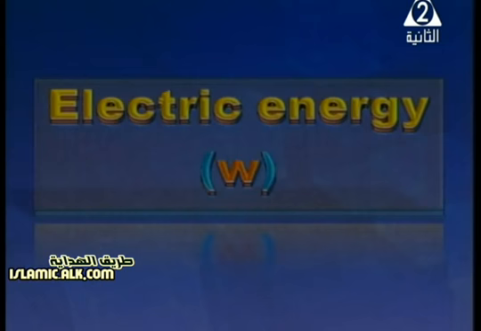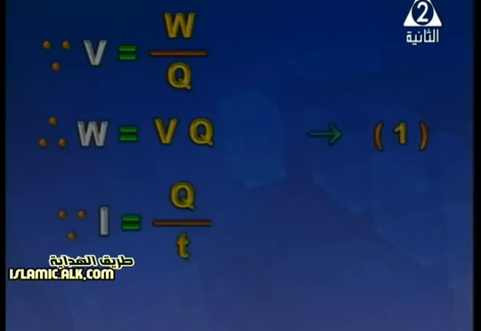And since current intensity is calculated from the formula I equals Q over T, quantity of electricity equals I times T. This is the second equation. From equations 1 and 2, it's easy to get the expression that gives you the electric energy.